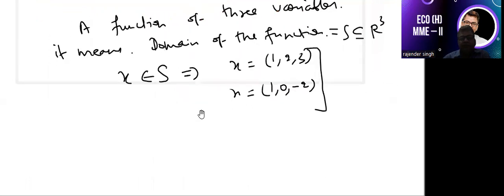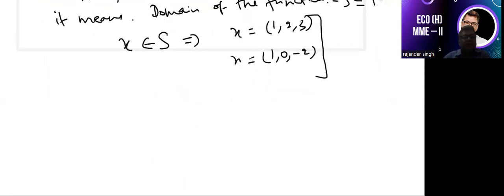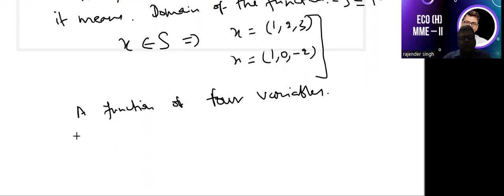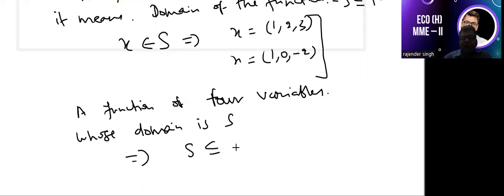Similarly, if I say a function of four variables, whose domain is S, this implies S should be the subset of four tuples, right?